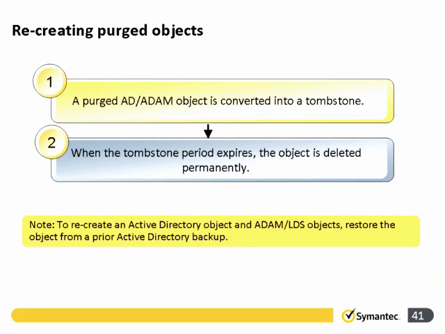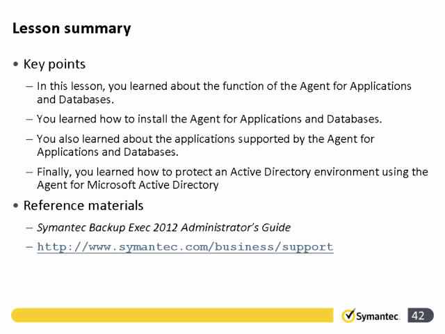If the Active Directory item was purged and was in the tombstone location, it's converted to a tombstone. When the tombstone expires, that object gets deleted permanently. The Backup Exec agent will allow you to restore tombstoned items from any backup.